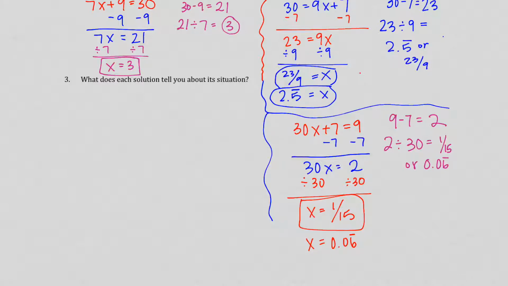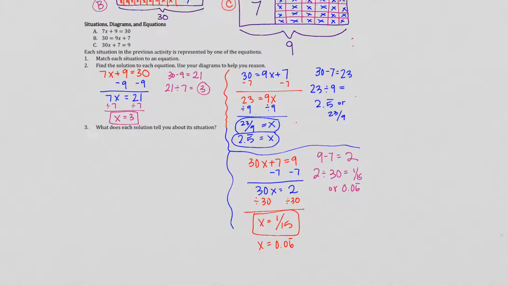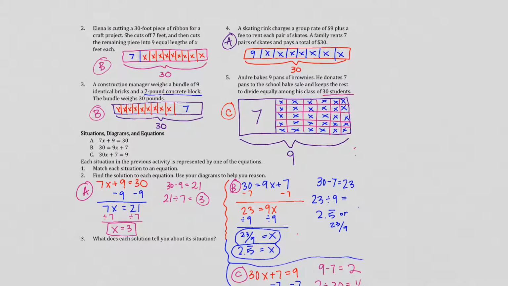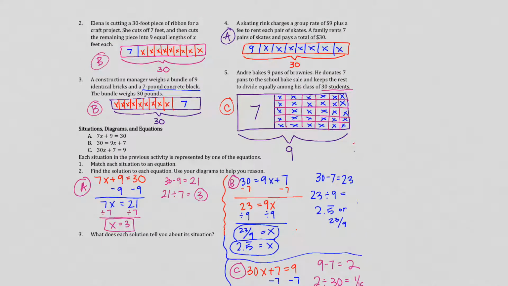Alright. So then number 3, what does each solution tell you about its situation? Well, let's see, this one's A, this one was B, this one was C. So A equation, so like number 4, the missing piece was the fee to rent each pair of skates, right?